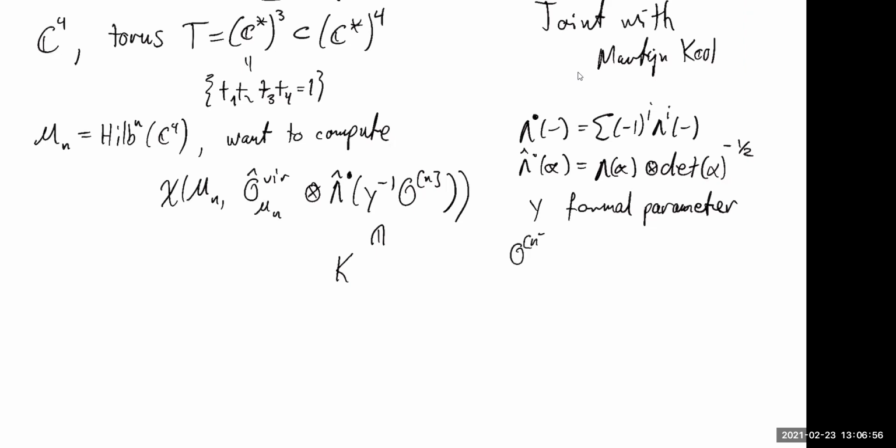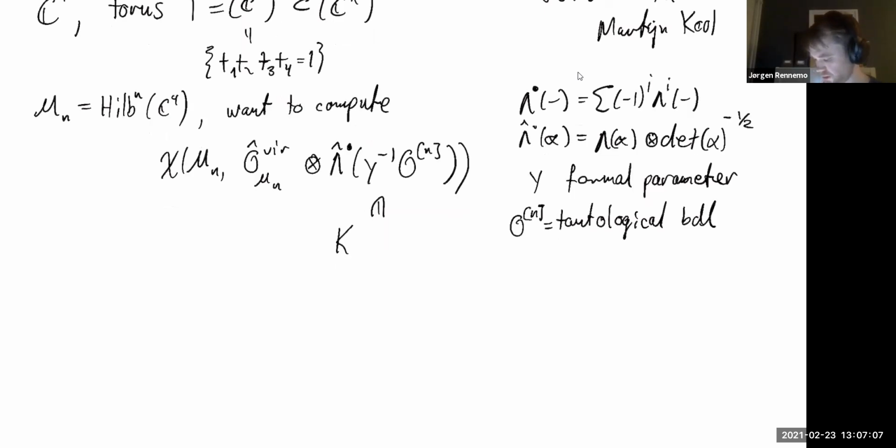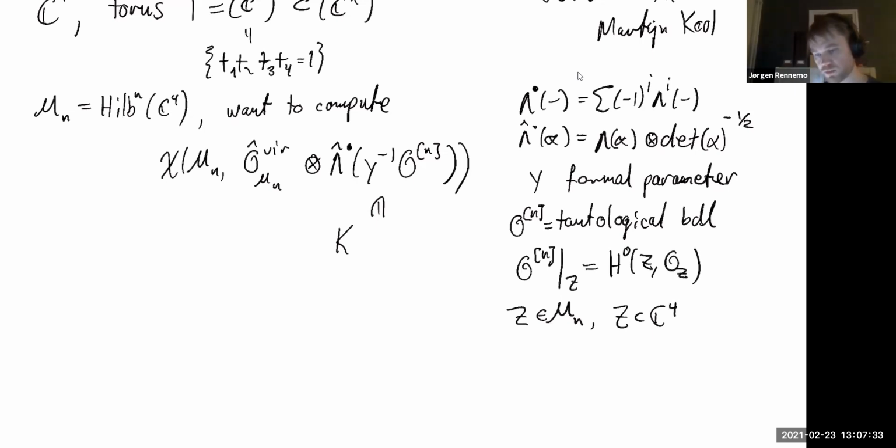O n is the tautological bundle, the bundle on the Hilbert scheme such that the cheap and informal way of defining it is to say its fiber at a point Z, a point in the Hilbert scheme, which is a subscheme inside of C4, is the global sections of this subscheme. So it's some rank n bundle.